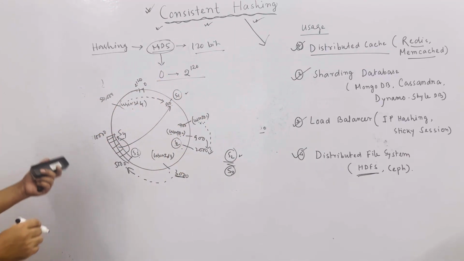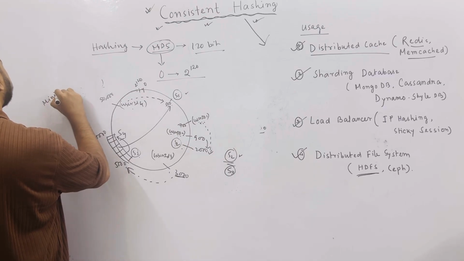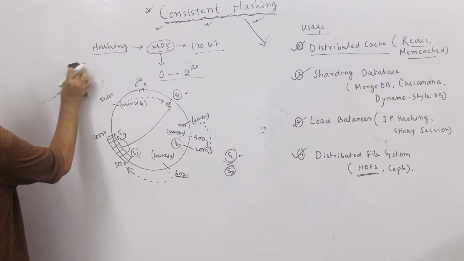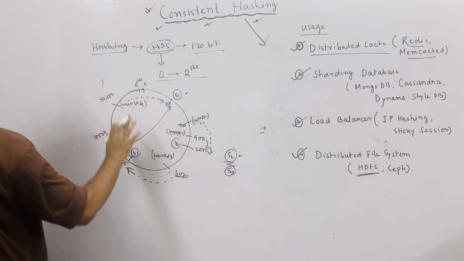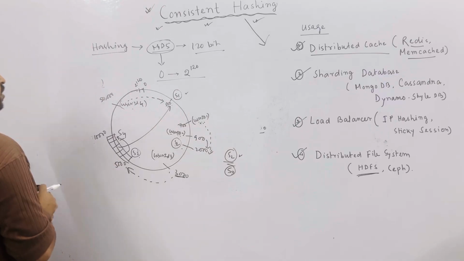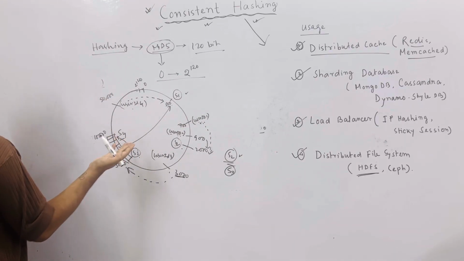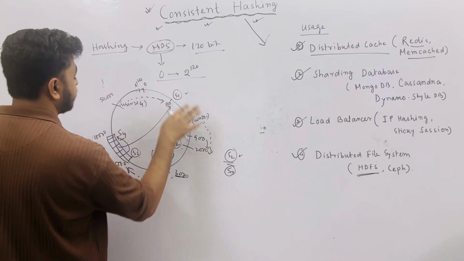So with consistent hashing, what you have done is minimized the remapping of servers whenever there is any addition or deletion of a server. This is what the consistent hashing algorithm is all about. What was happening earlier with the traditional approach was that all the users were getting redistributed to different servers.